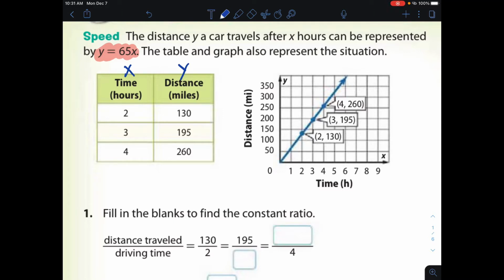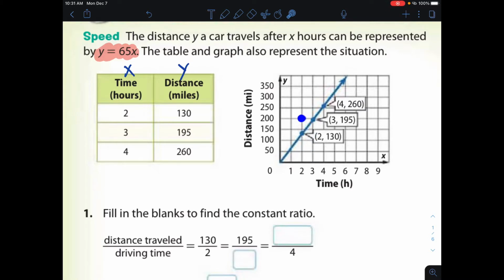So if we look at the table first. In 2 hours, the distance traveled by the car is 130 miles. So this is what it means right there. In 3 hours, the distance traveled by the car is 195.